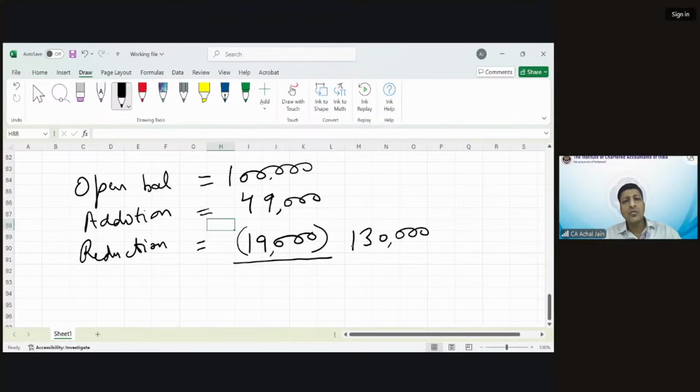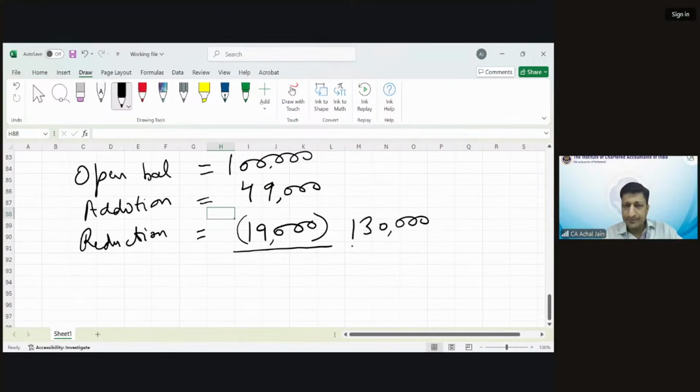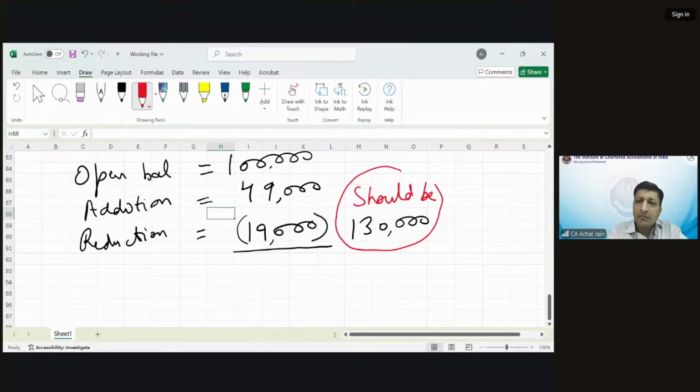Correct? It comes out to 1,30,000. Now, actually, this is what it should be. But what is the actual closing balance? See, the actual closing balance is also given to us. Yes or no?